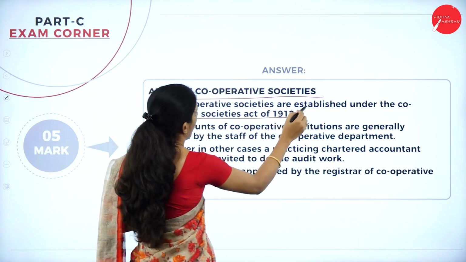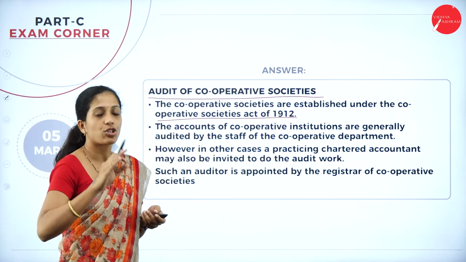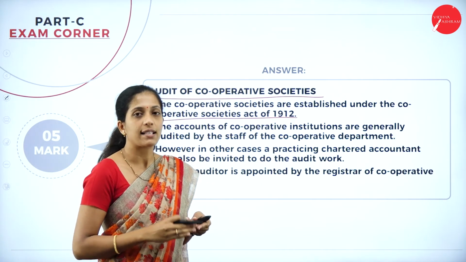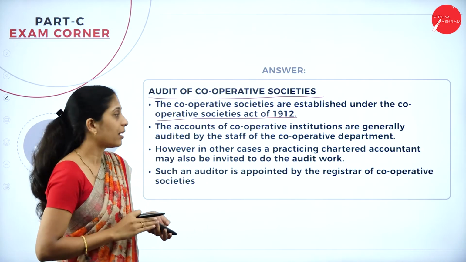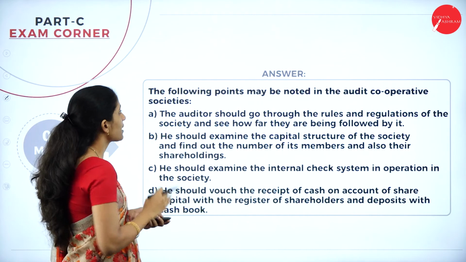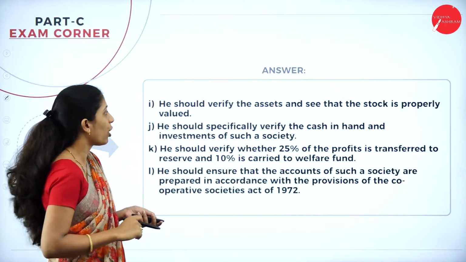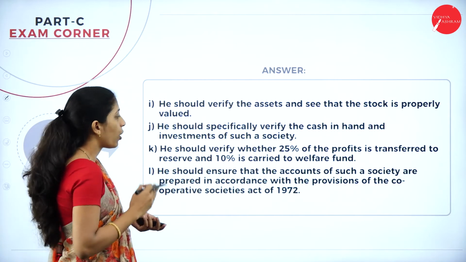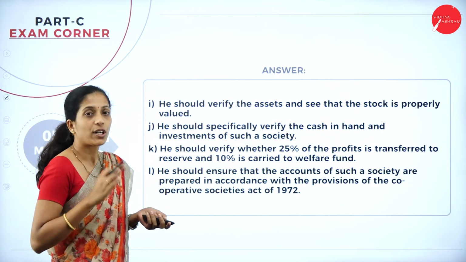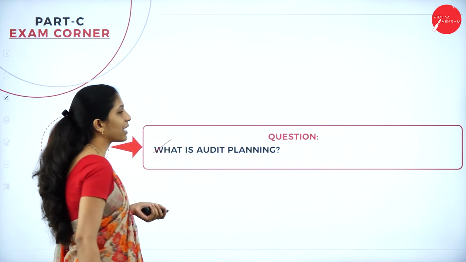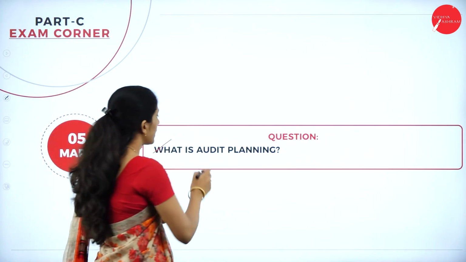It has to be done as per the particular law depending upon the type of organization. This is a 5 marks question, and we have already discussed in detail each and every type of organization. Next 5 marks question is: what is audit planning?